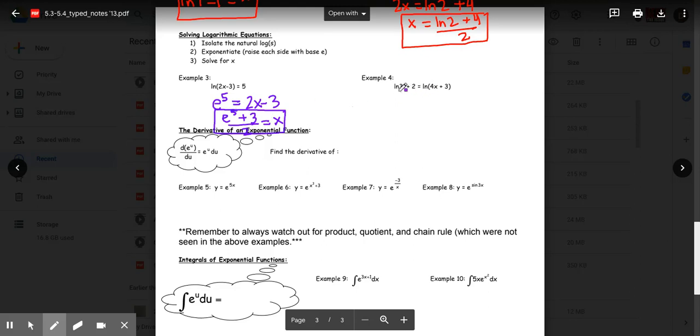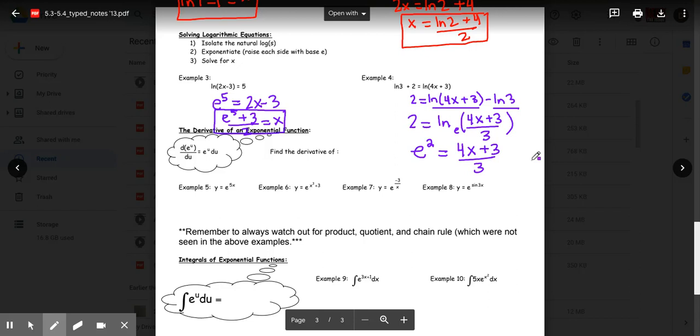And example 4, we got to get the logs by itself. So what we're going to do is subtract ln of 3 from both sides. And then if you can, combine the logs. So when you have two logs that are being subtracted, you can make it one log by taking the first inside and dividing it by the second inside. Now you're going to exponentiate. So you're going to take base e and you raise it to the other side. So you raise it to the second and you set it equal to the inside of the natural log.